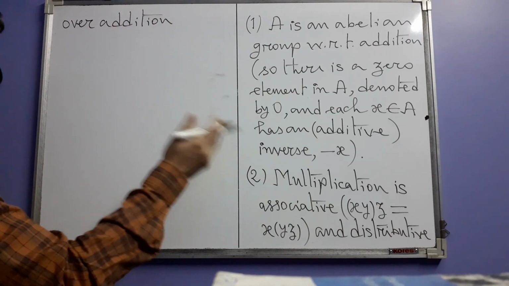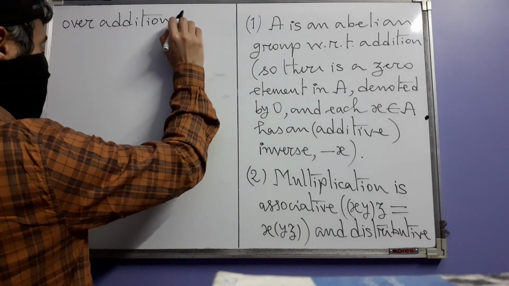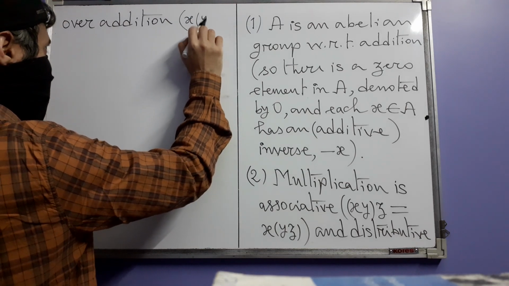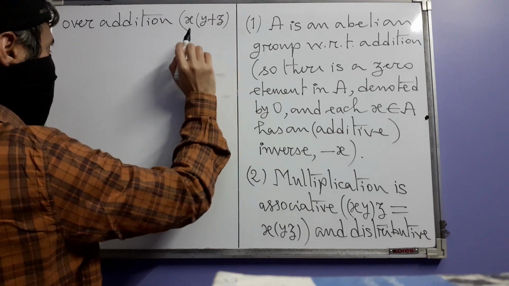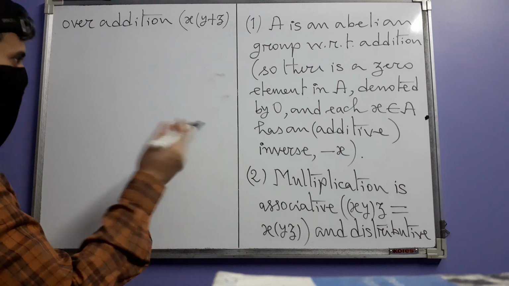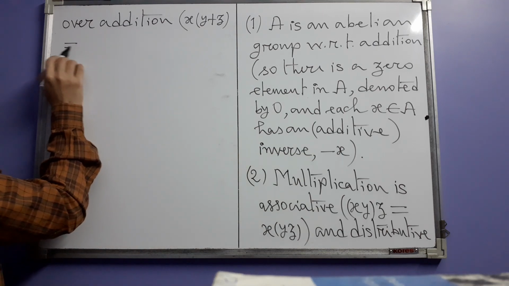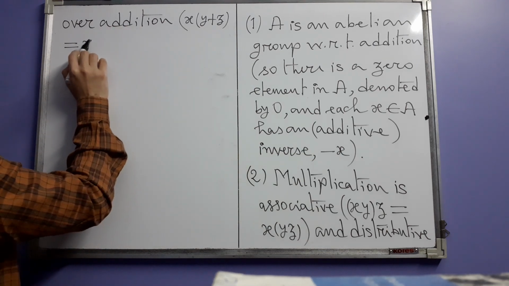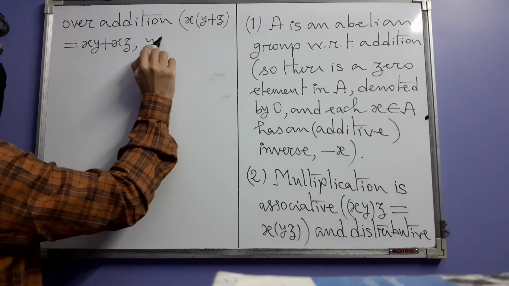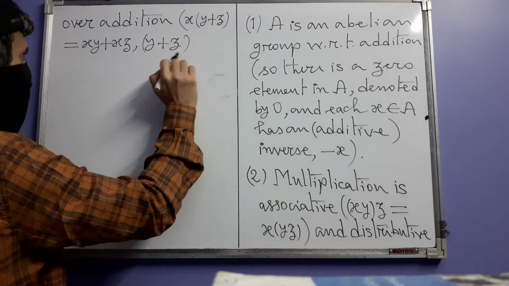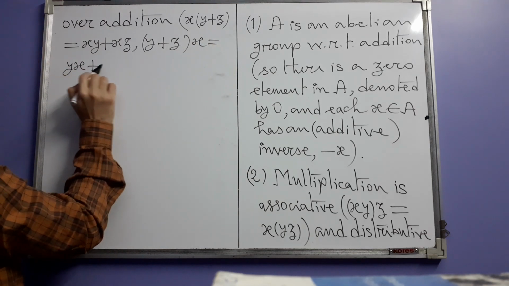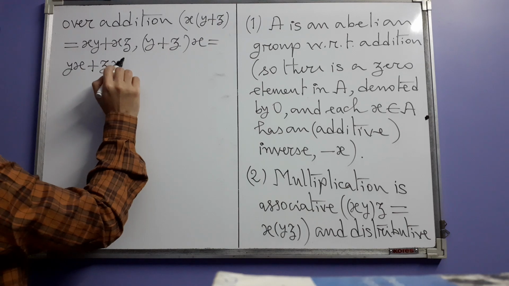This means that the two distributive laws are true, which itself means that for any three elements x, y and z coming from A, not necessarily distinct, they may or may not be the same, x times y plus z is xy plus xz, and also y plus z times x is yx plus zx.